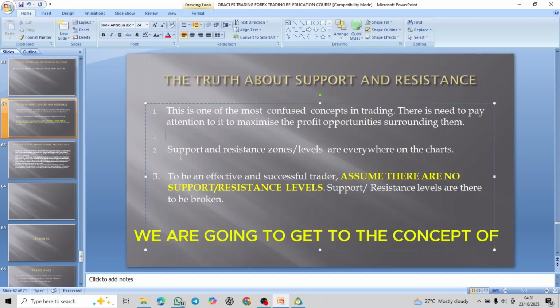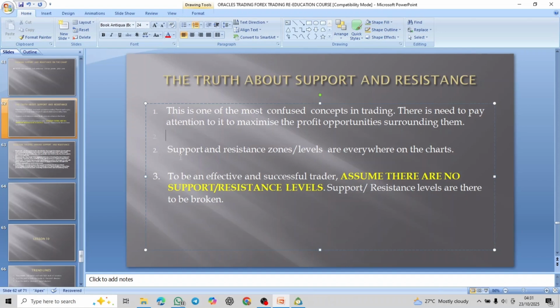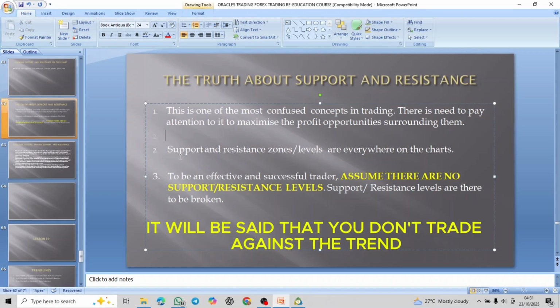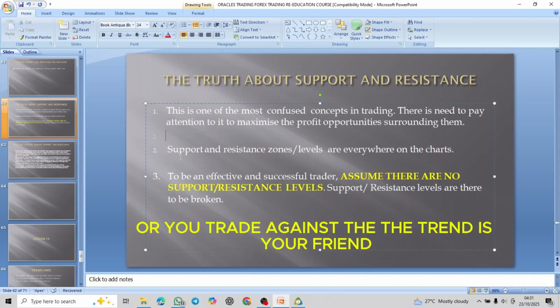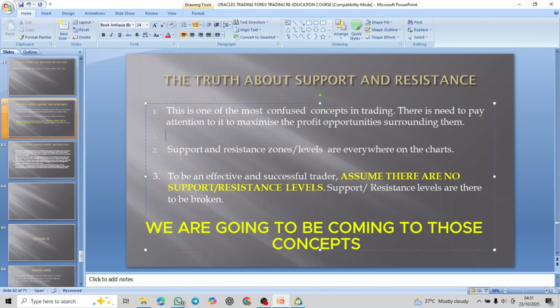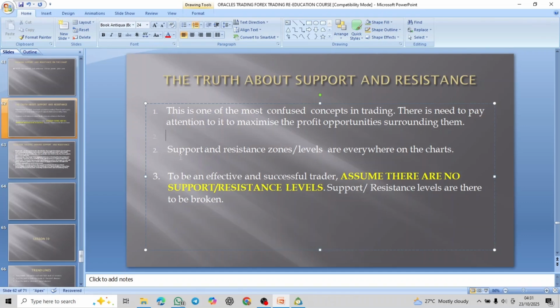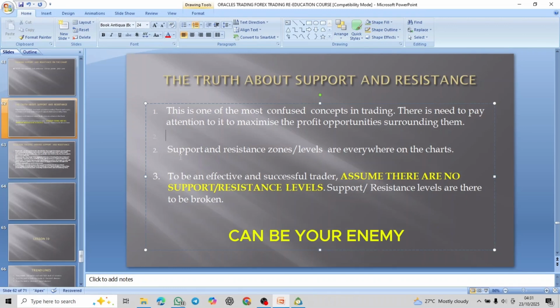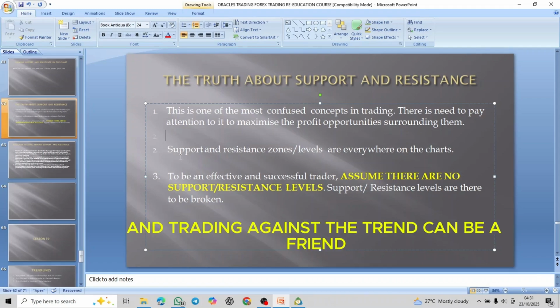We are going to get to the concept of the market too, when it will be said that you don't trade against the trend, or the trend is your friend. We are going to be coming to those concepts, and we are going to be proving to you that the trend can be your enemy, and trading against the trend can be a friend.